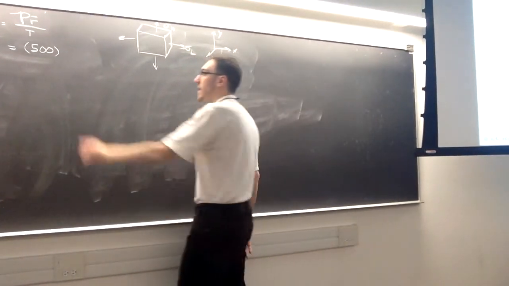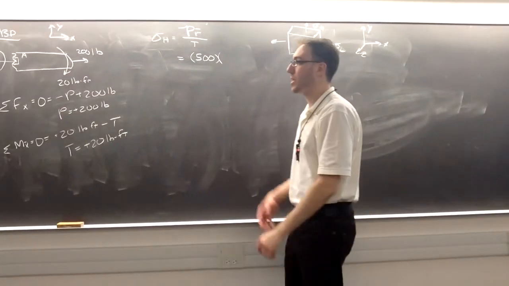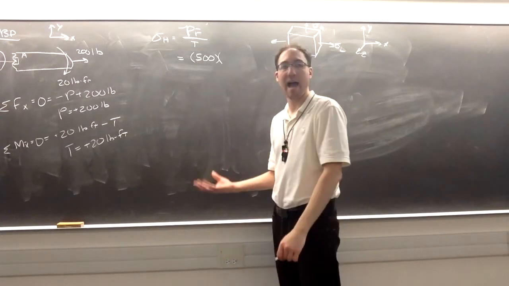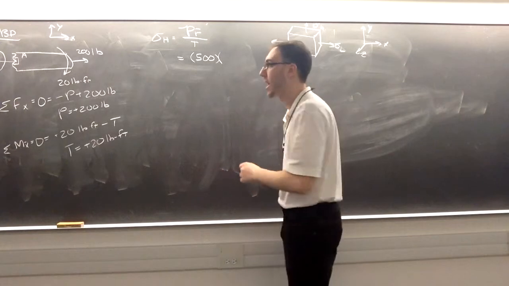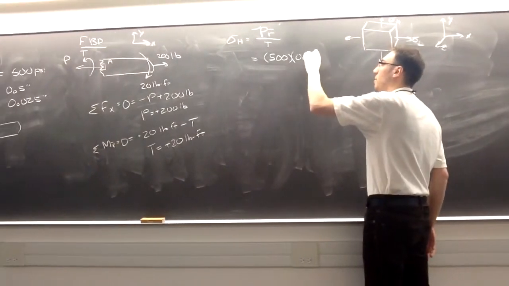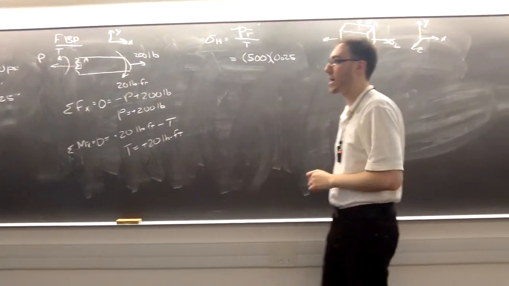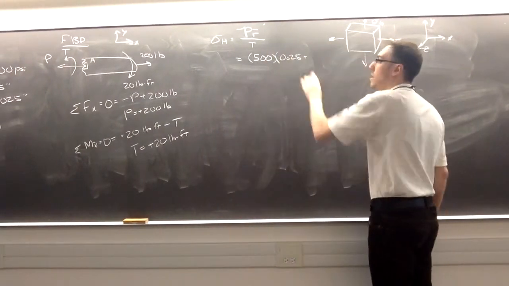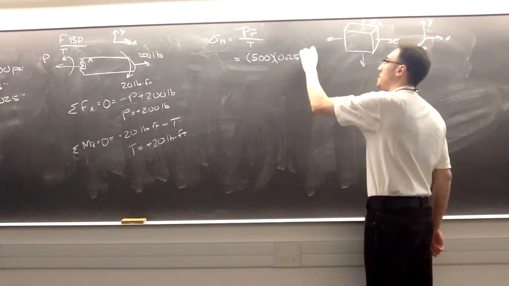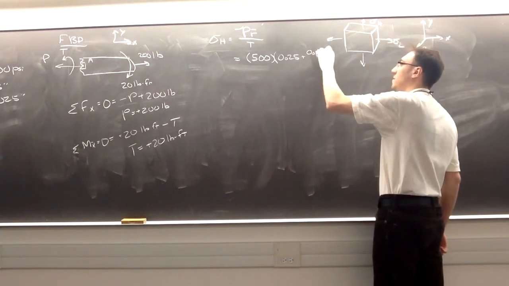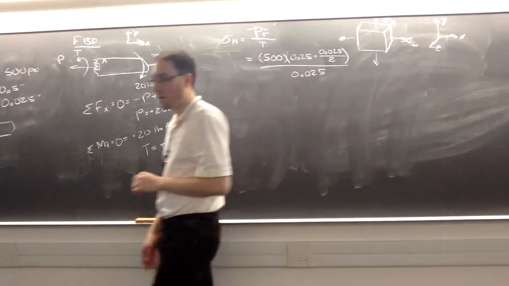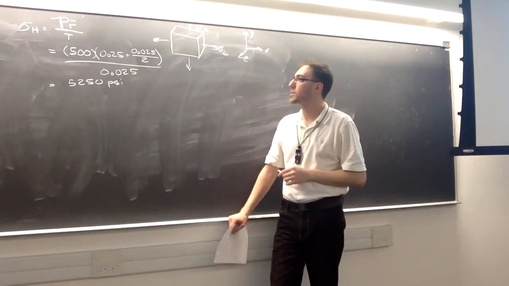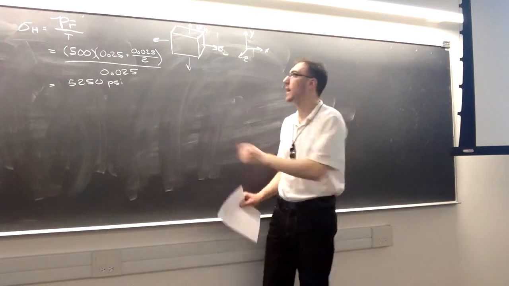The mean radius is going to be the internal radius plus half of the thickness, or the average of the internal and external radii. That'll be 0.25, which is the internal radius, if our diameter internally is 0.5, plus 1/2 the thickness, 0.025 over 2, over the thickness, 0.025. So for the hoop stress, we get 5250 psi.